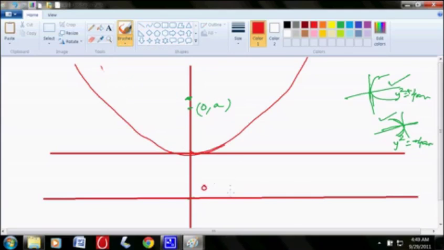So this must be 0, minus a, and this line is the latus rectum.